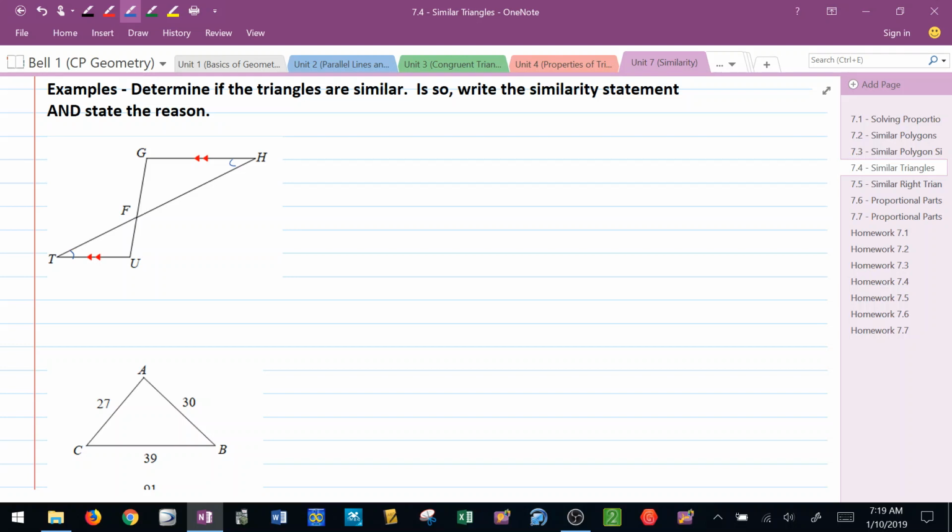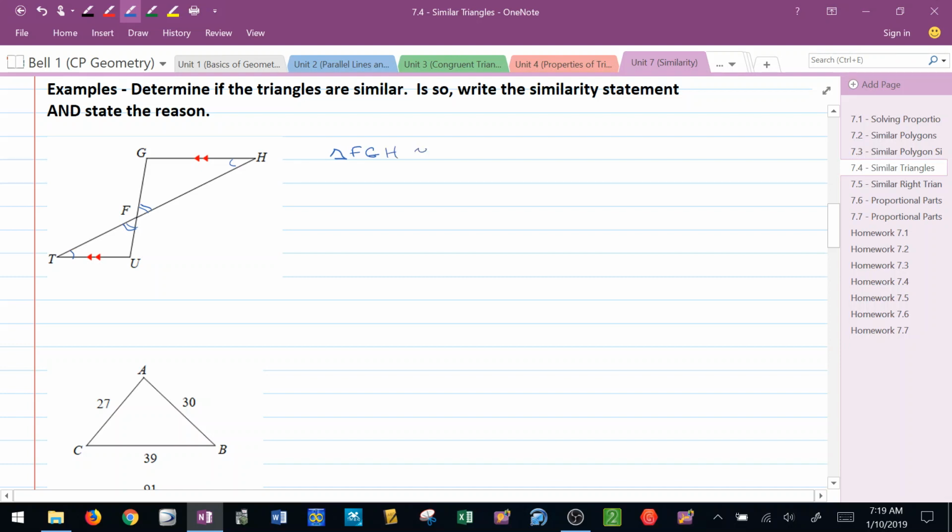Do I have a second one in there? Well, I've actually got a couple of them, but if I'm going to try to do this one, why are those two angles going to be congruent to each other down here at F? Hopefully you remember those are congruent because they're vertical angles. So now I'm going to write a similarity statement. I'm going to very simply state one of the triangles. I'm going to call it FGH.